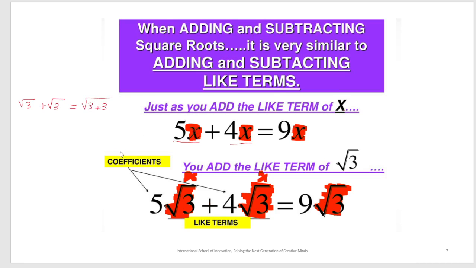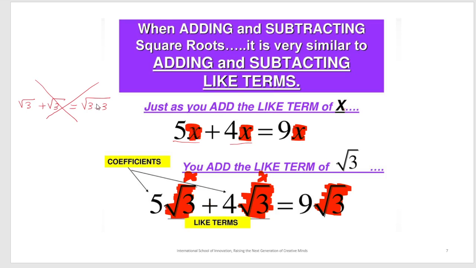Press radical 3 plus radical 3 and equal, and then press AC and then press radical 3 plus 3 and equal. It will not give you the same answer. So radical 3 plus radical 3 is not equal to radical 3 plus 3.